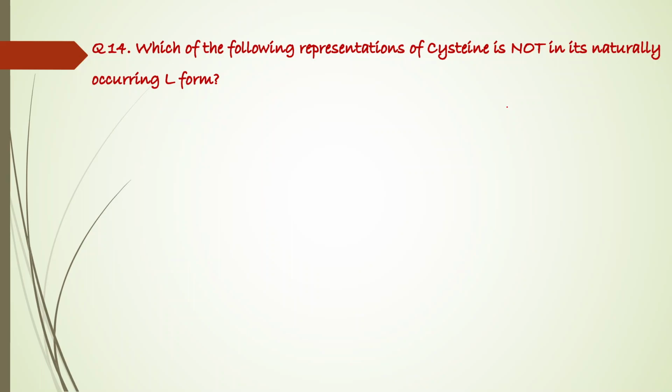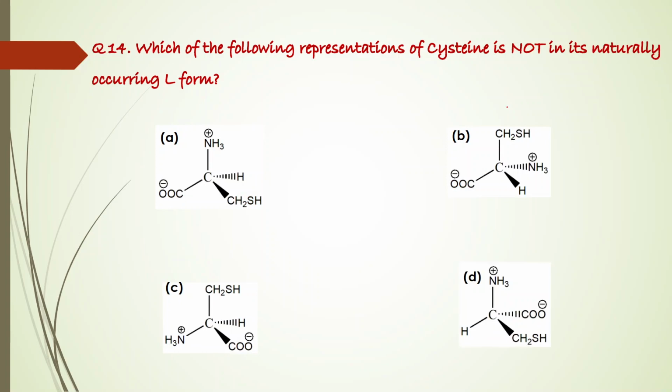Which of the following representations of cysteine is not in its naturally occurring L form? So these are the four forms. All these structures are in flying wedge representation, and you have to identify which of them is not in L form. L form is the naturally occurring one always. So which of them is not L?